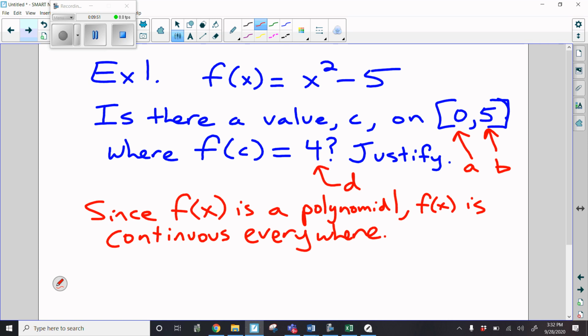Okay, so I've stated continuity. Now I want to show that this f of c, that 4, is intermediate to f of a and f of b. So I have to figure out f of a and f of b.